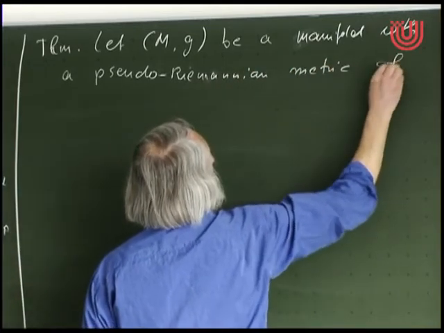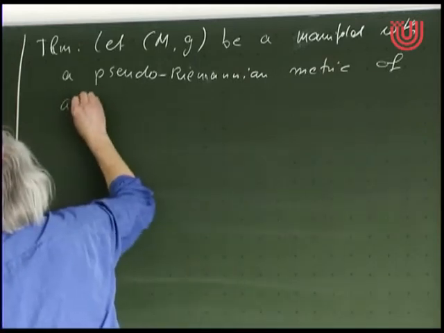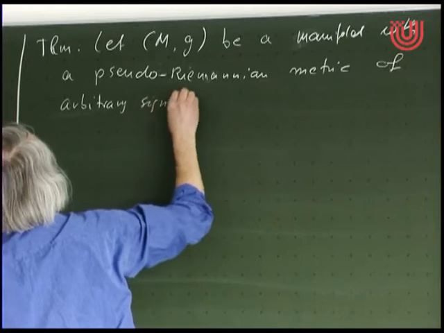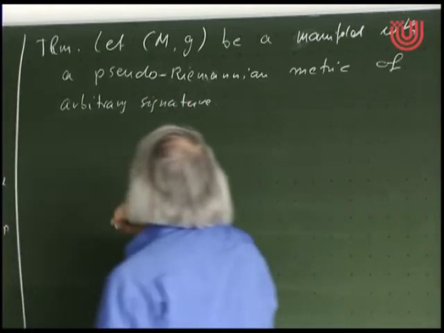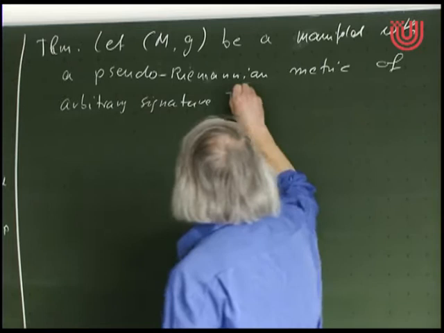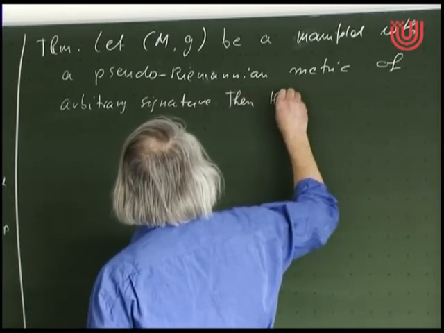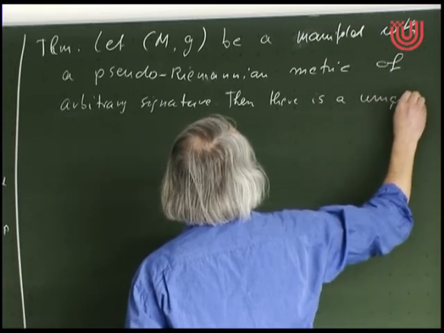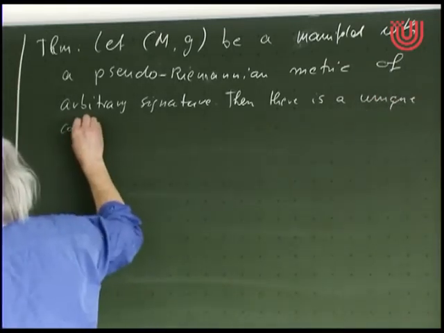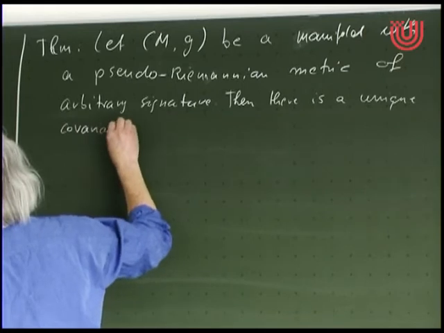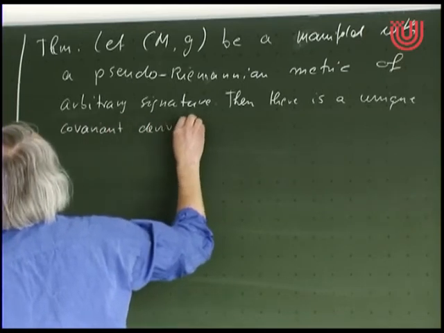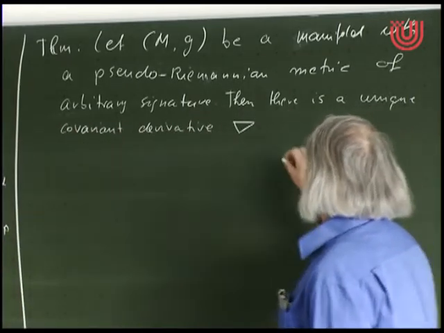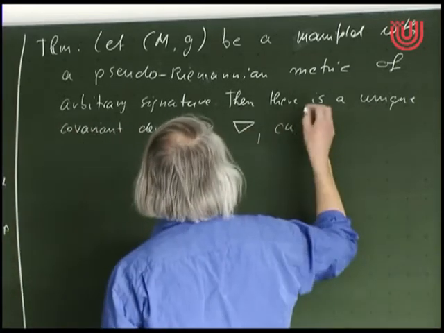And the signature plays no role, so let me write of arbitrary signature. And now my claim is, then there is a unique covariant derivative del, and this is called the Levi-Civita derivative or Levi-Civita connection.